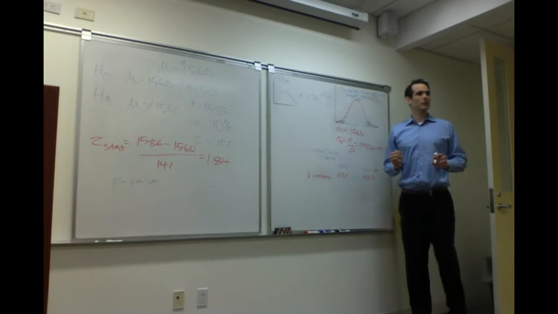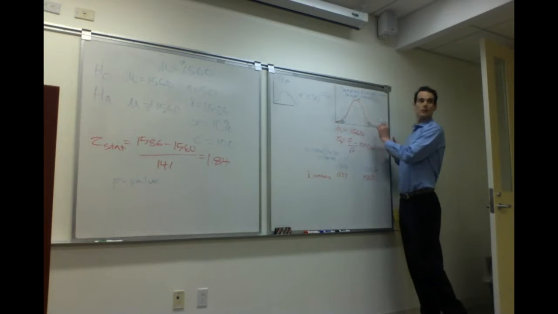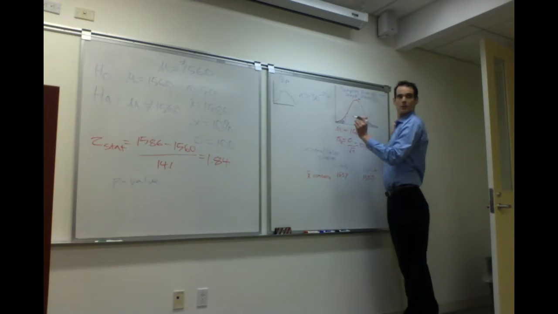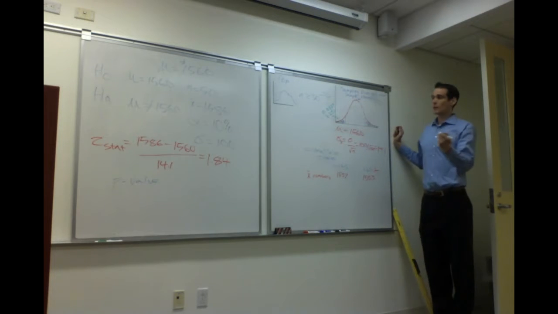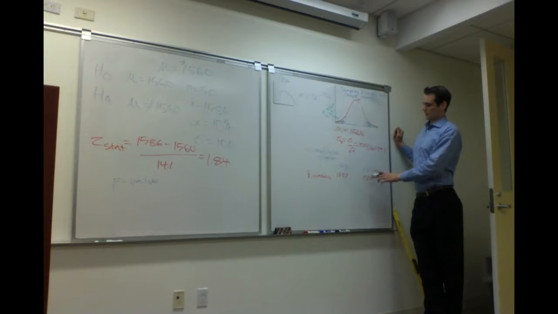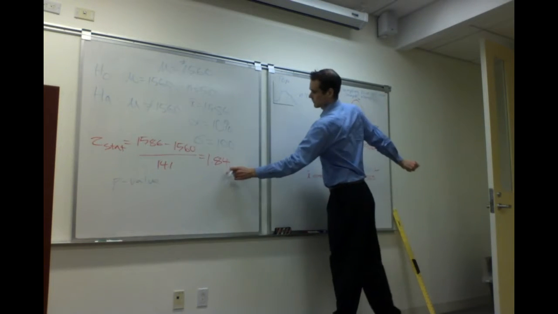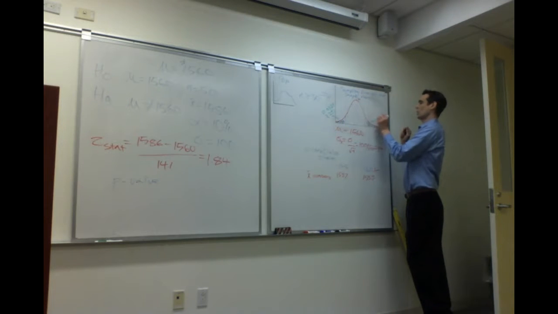You can do either negative 1.84 or positive 1.84 and tell me how much data is in that extreme tail. 3.29%. Or, Amanda, you were saying 0.0329, right? Okay. So the exact probability of getting something this extreme in either direction is 3.29% on this side, or 3.29% on this side.